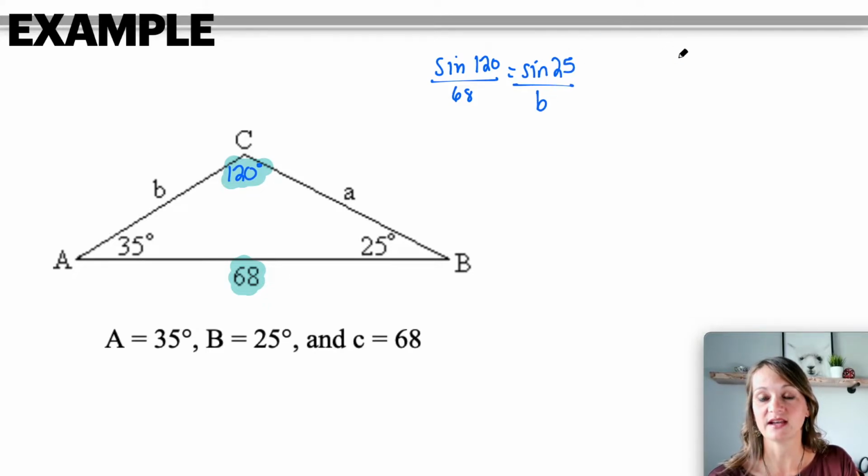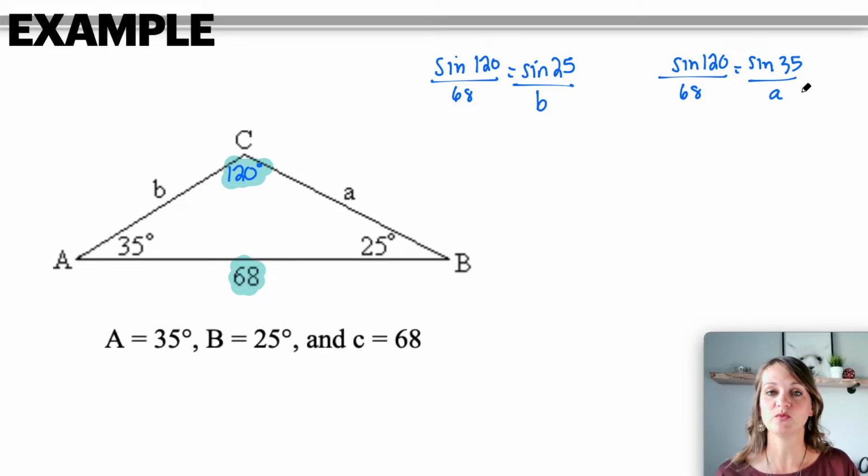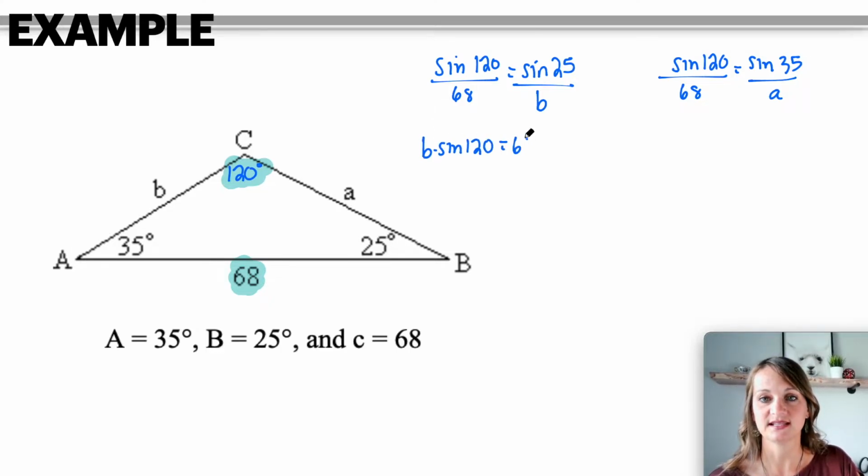And we can go ahead and actually rewrite that proportion again. The sine of 120 over 68 is going to equal the sine of A over little a. And now we have two proportions that we can go ahead and solve. So we have b times sine of 120 equals 68 times sine of 25. And so to solve for b, we will divide.